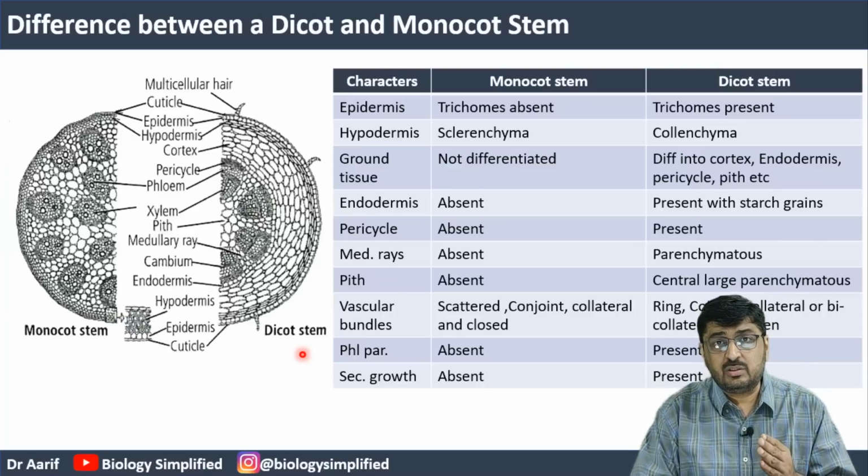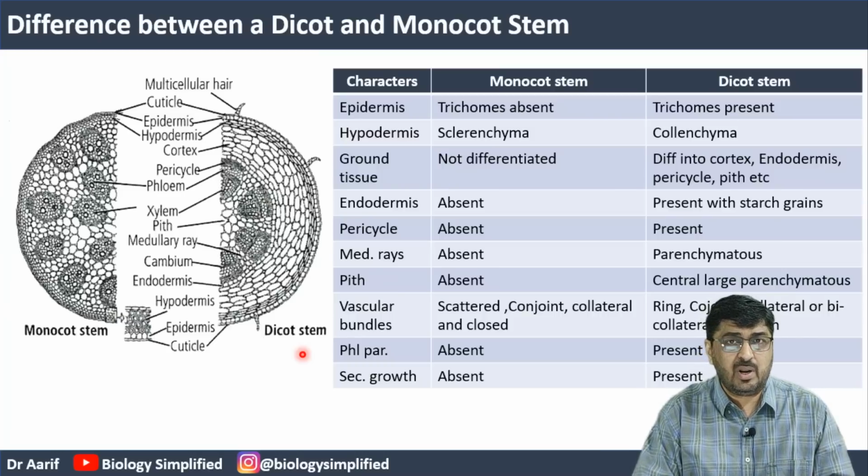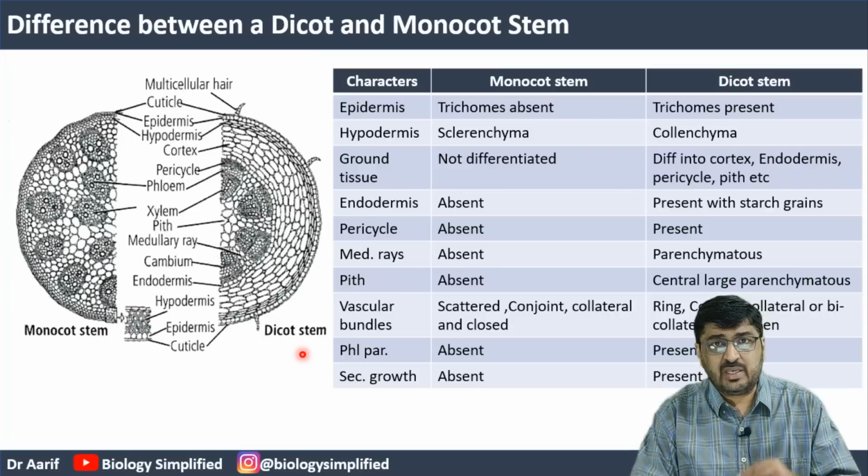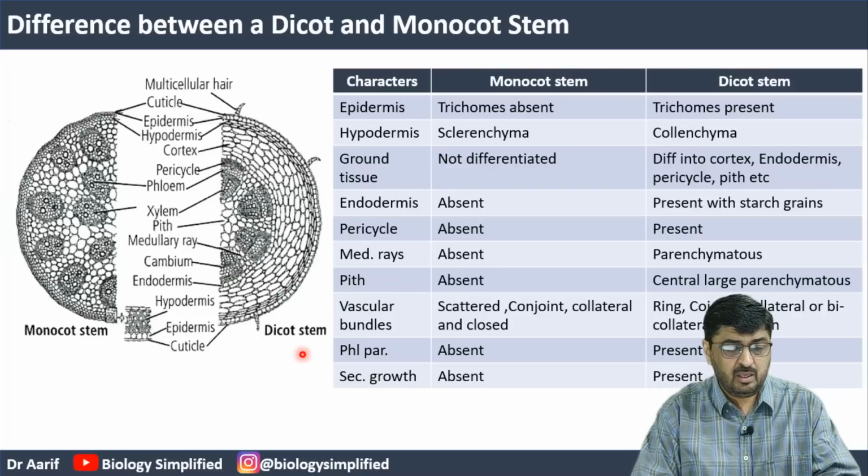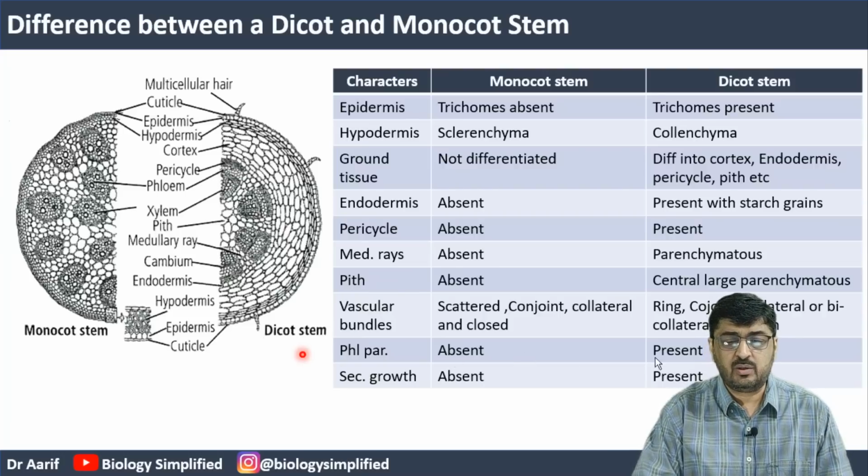The next session is going to be very crucial, a little confusing and a little difficult, not too much. How does secondary growth occur in the plant? Obviously, secondary growth cannot occur in a leaf, so we will only look at the secondary growth of root and stem. Thank you all.